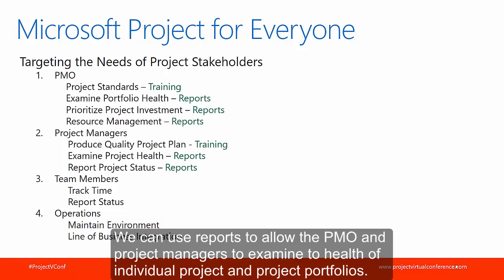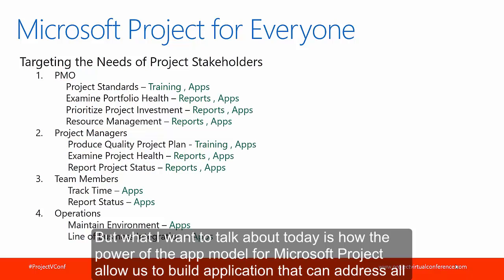We can use reports to allow the PMO and project managers to examine the health of individual projects or their project portfolio. But what I want to talk about today is how the power of the new app model for Microsoft Project allows us to build applications that can address all of these needs for the different project stakeholders.